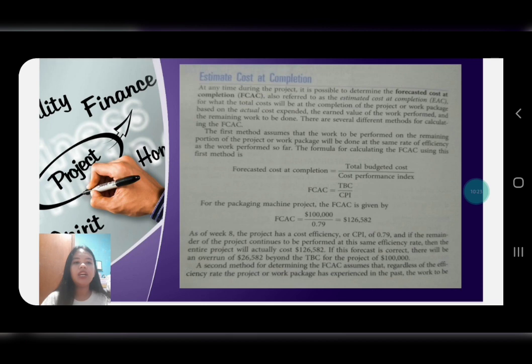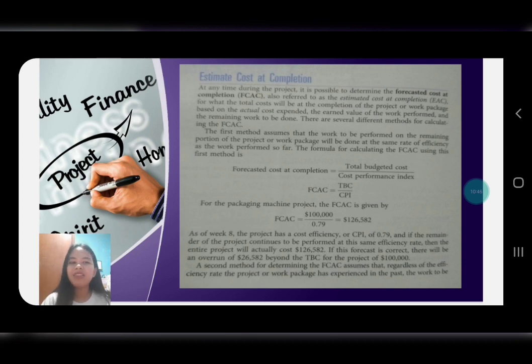If the remainder of the project continues to be performed at the same efficiency rate, then the entire project will cost 126,582. So if this forecast is correct, there will be an overrun of 26,582 beyond the TBC for the project of 100,000.